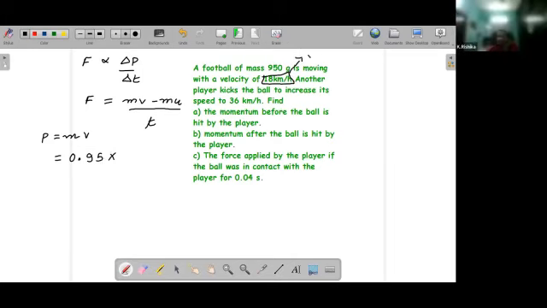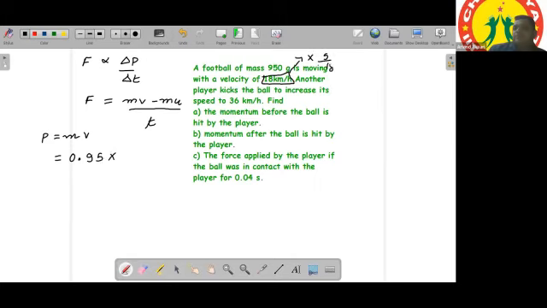Sir, multiply this number by 5 over 18. Okay, so remember this trick. Multiply the number by 5 over 18, then you will get it in meter per second. So how many meter per second are you getting for 18 kilometer per hour? Sir, 5.